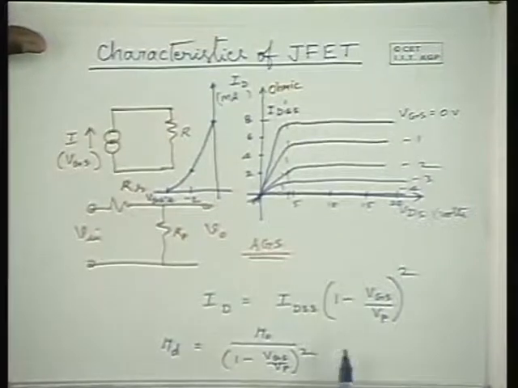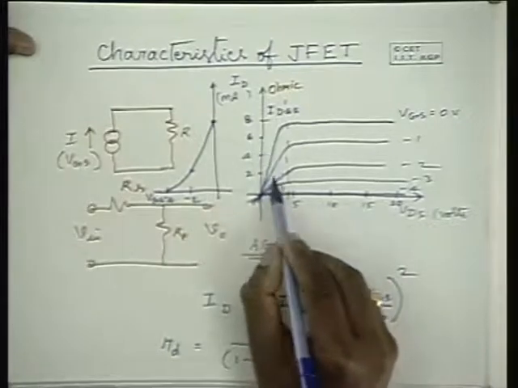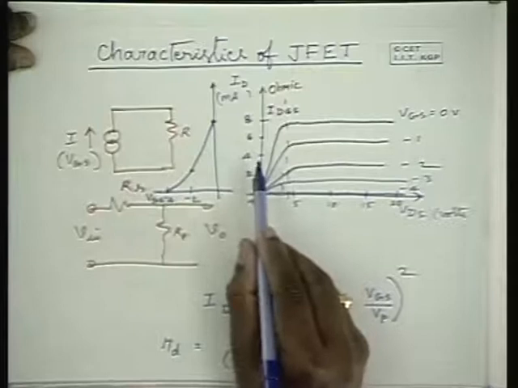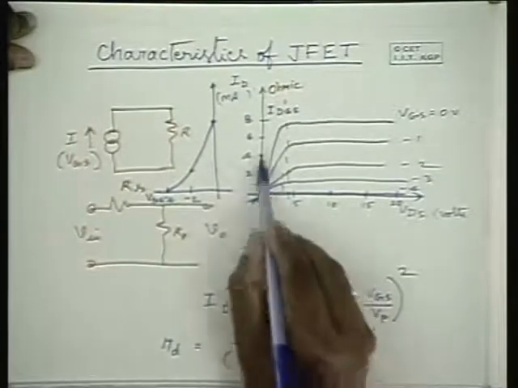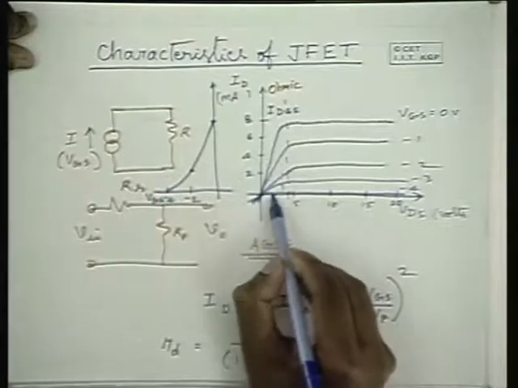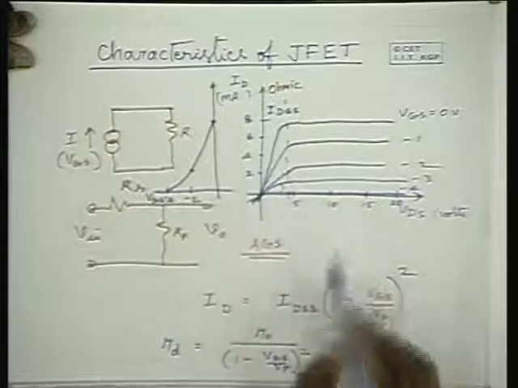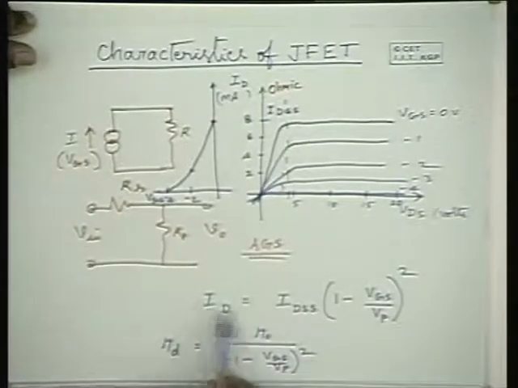Obviously, because the resistance is equivalent to VDS divided by ID. This resistance is the corresponding VDS divided by IDSS, and for other values, the ratio between IDSS and ID comes into picture, and that ratio is this.